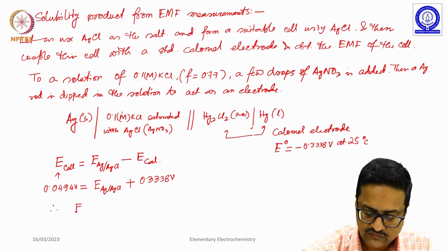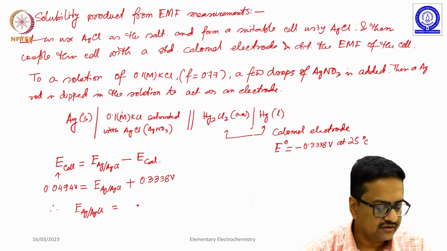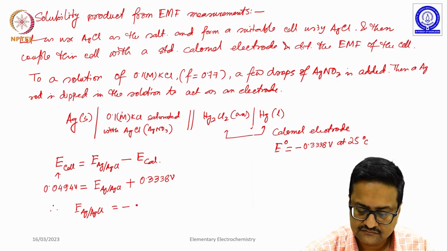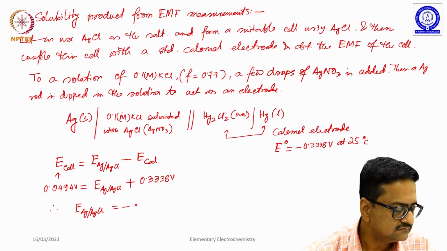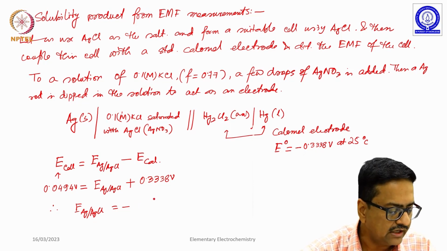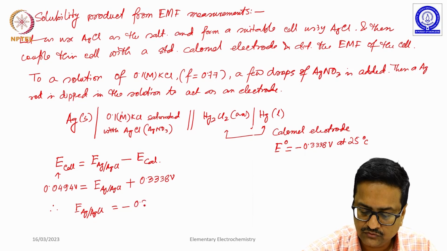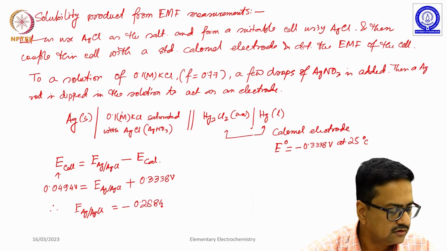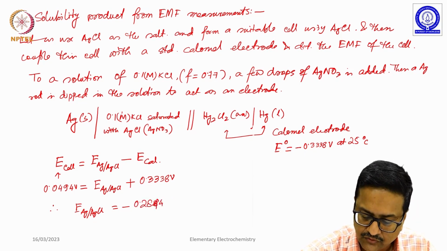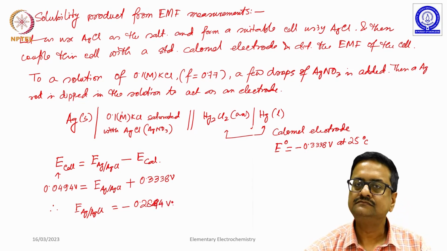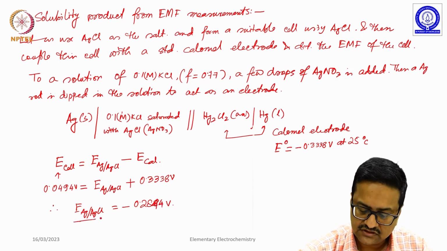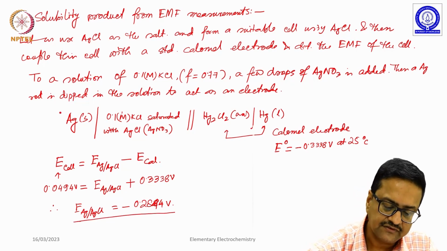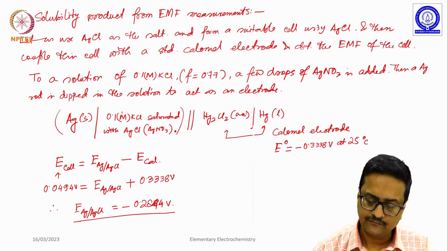So therefore E Ag AgCl will turn out to be minus 0.2844 volt, right. So this is the potential of that half cell.